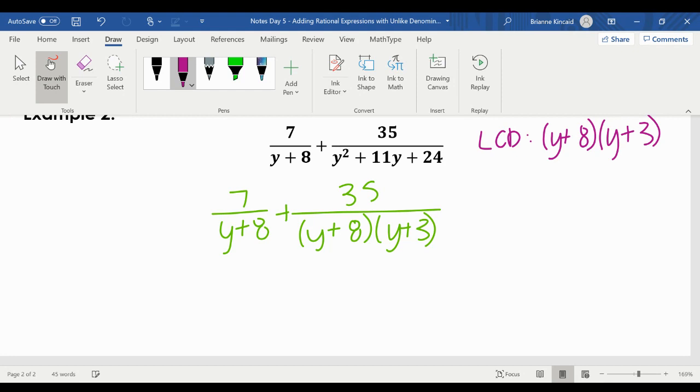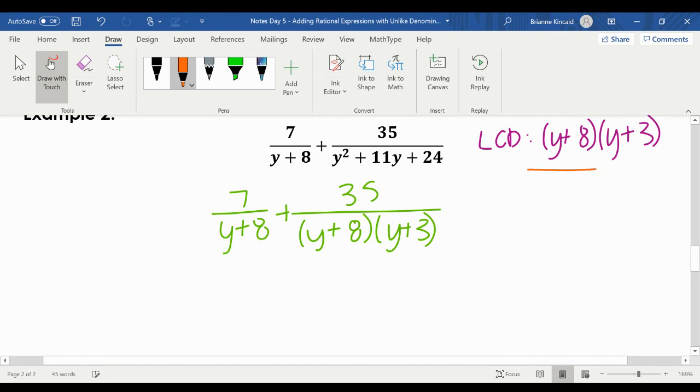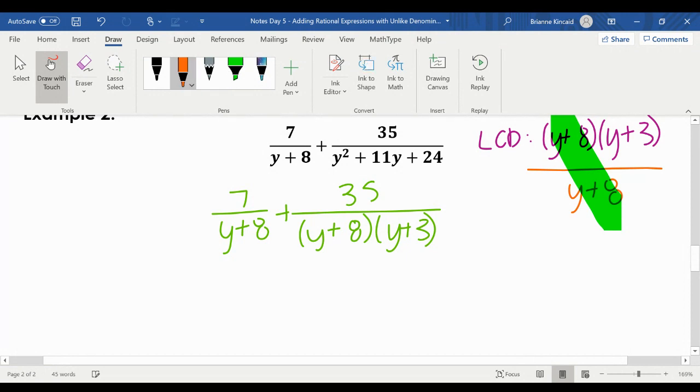So if I take this LCD and I divide it by the fraction on the left, the y plus 8, these would eliminate, and you'd be left with y plus 3. That's what you're supposed to multiply by.